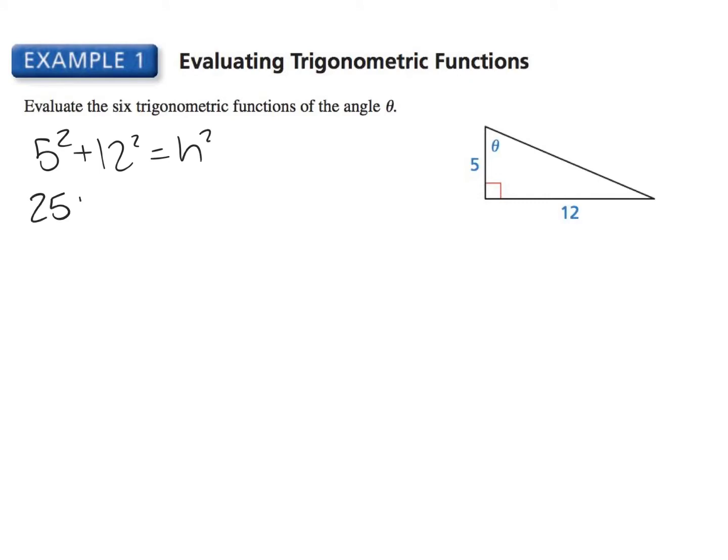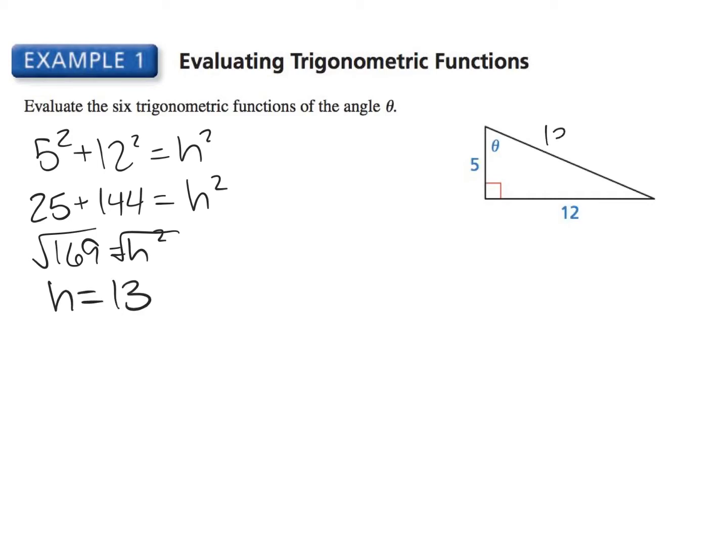That's 25 plus 144 equals h squared. That is 169 equals h squared. When you take the square root of it, you get that h equals 13, which is a nice whole number.